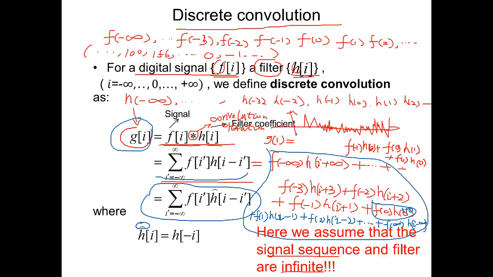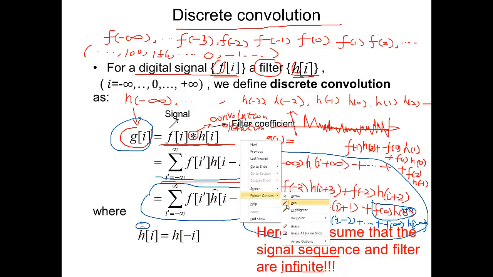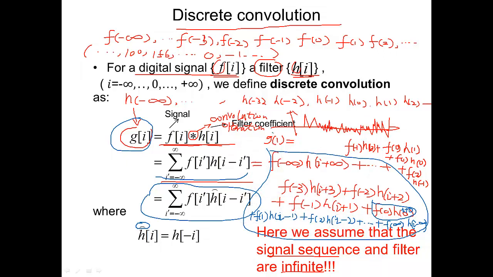Then f2 should be multiplied by h negative 1. Let me change the pen. See here, this is to get g1.